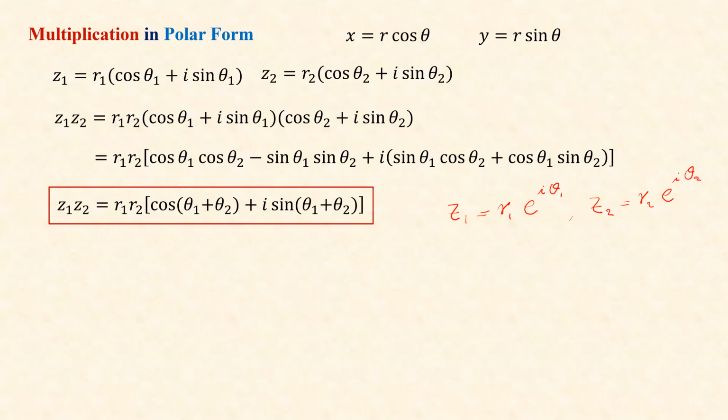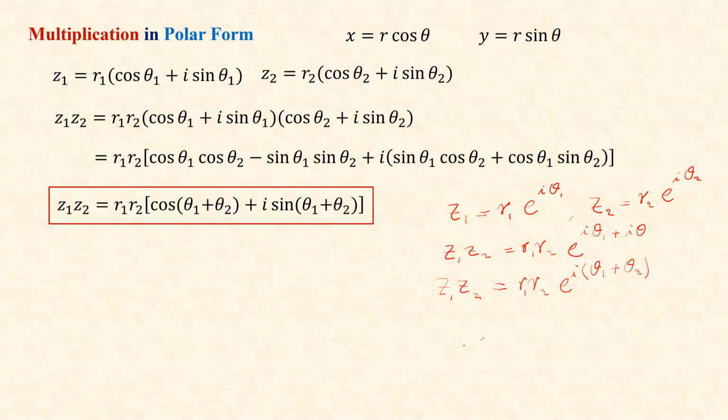Because if you multiply these two, Z1, Z2 becomes R1, R2 times e to the I theta 1 plus I theta 2. The powers add, right? And then it becomes R1, R2, e to the I theta 1 plus theta 2. So you see this property follows if you have this exponential form.